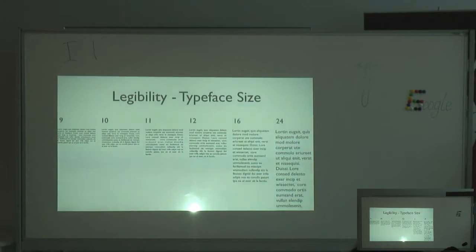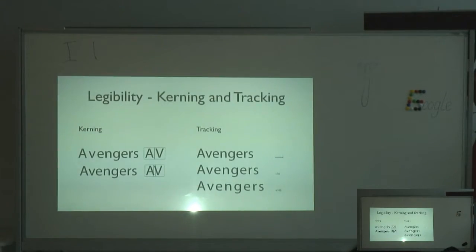But then things get really interesting. For example, we've got kerning and tracking. In the old days of typewriters, we had a problem. Typewriters can't do any kind of kerning.